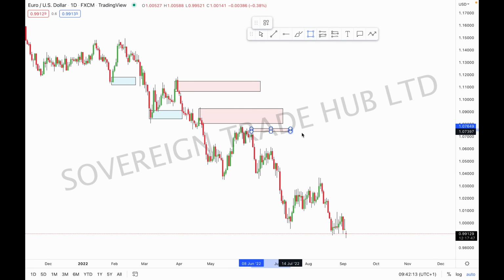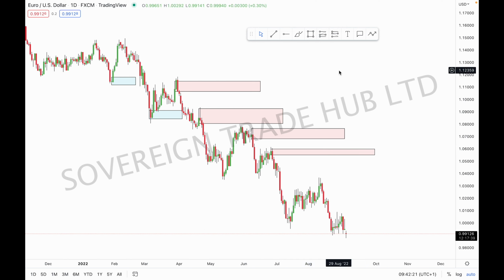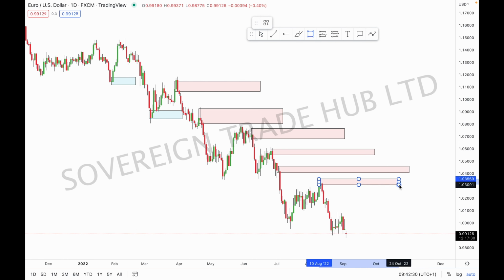We have another supply zone here, an area of impulsive selling, and there is equally a supply zone here.